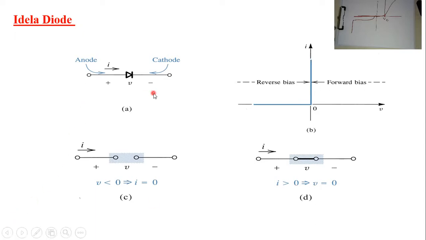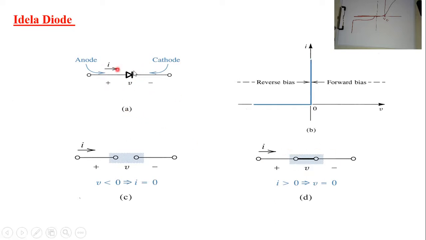So the question is, how can we distinguish whether our diode is forward or reverse? The answer is related to the biasing. If the P type, which we call the anode, which is the base of the triangle, is connected to the positive, and the cathode, which is the negative terminal, is connected to the negative, you are connecting what we called previously a forward voltage, then it's a short circuit.